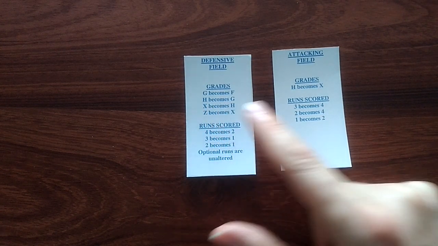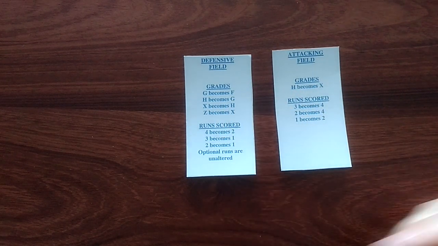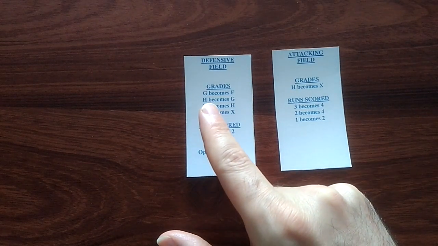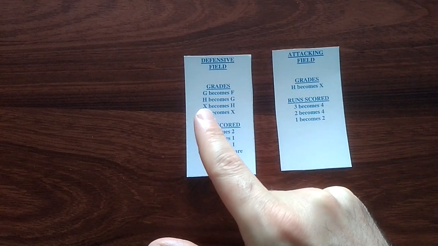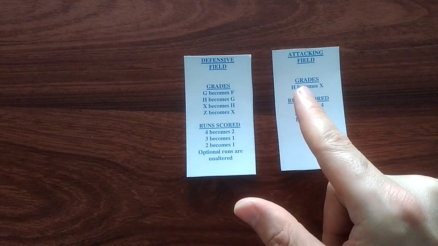Instead of going down, like over here, where an H becomes an X, an H goes up to a G, with A, B, C being the better batting grades. So the higher the batting grade is to an A, the better. The lower it is to an X or a Z, the worse it is. So from a defensive field, it's going to be better for a batter in terms of getting out.